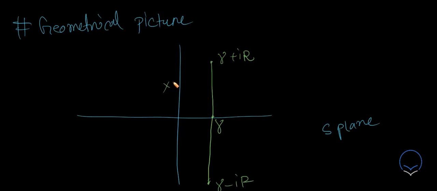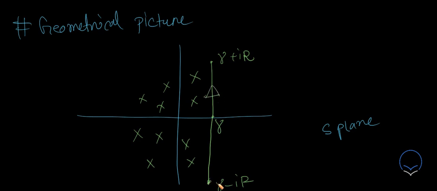So if my singular points are denoted with this cross, they will look something like this. There might be many singular points, but they're finite. That's what we are assuming, and we have to take gamma in such a manner that all the singular points are on the left hand side of this line. So let's give this line a name.